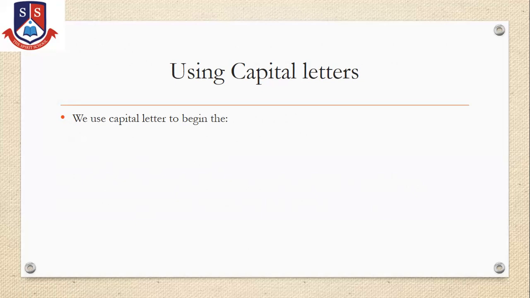You are quite familiar at this level that the capital letters start with the capital alphabet, right? And the small letters have the small alphabet, right? So, students, we are going to talk about when we use capital letters. We use capital letters to begin the first word in a sentence, right?